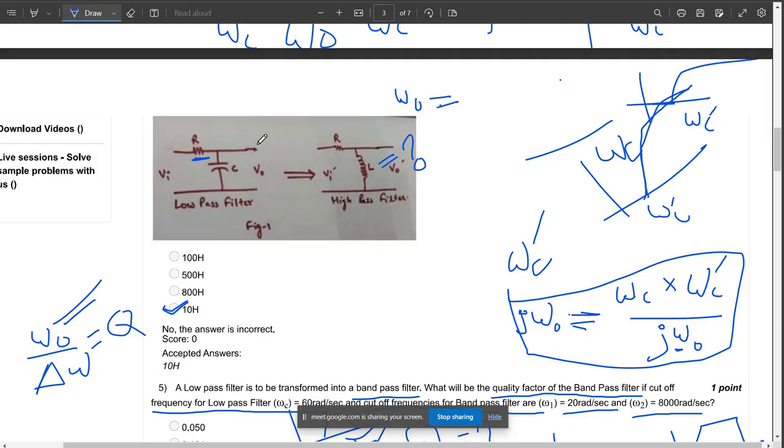Ma'am, the other question I have is that to transform a low pass to band pass, the formula is different. Could you please say that formula once?